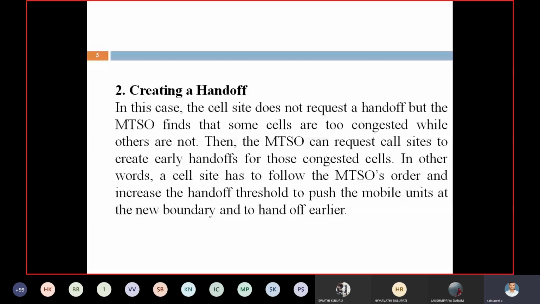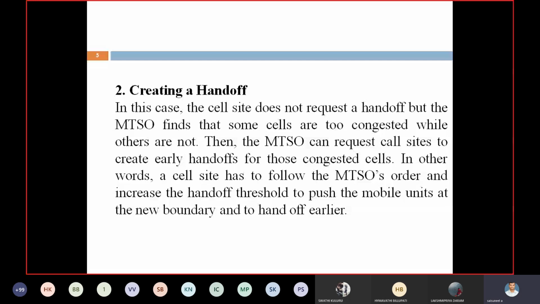a hole or weak spot. What is a hole? A hole is a place having a weak signal, for example a valley or a forest, where automatically we get weak signal strength.